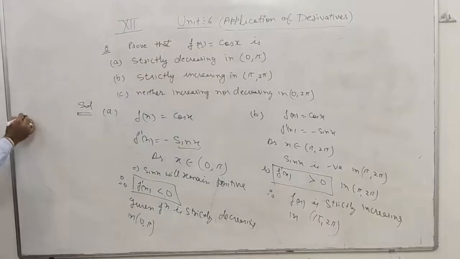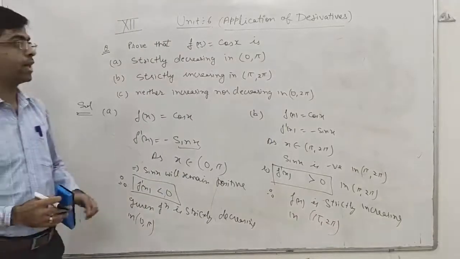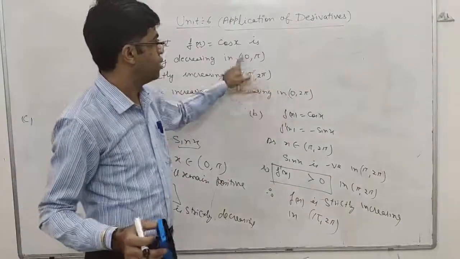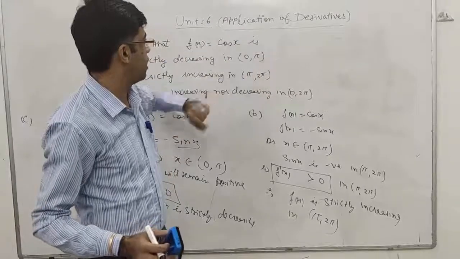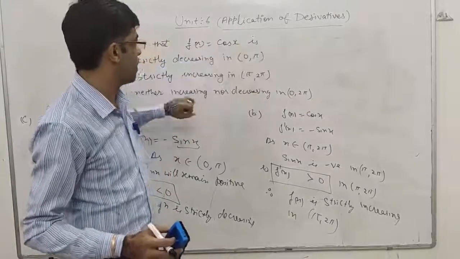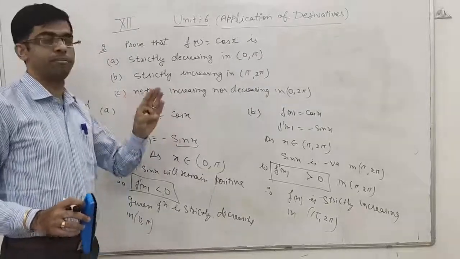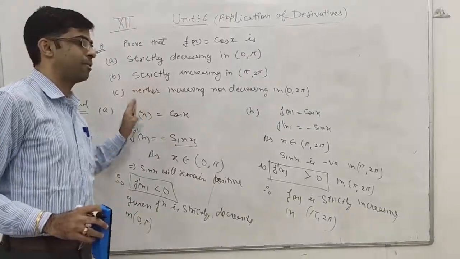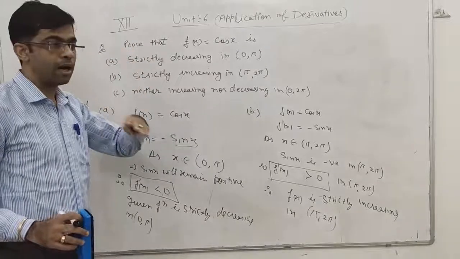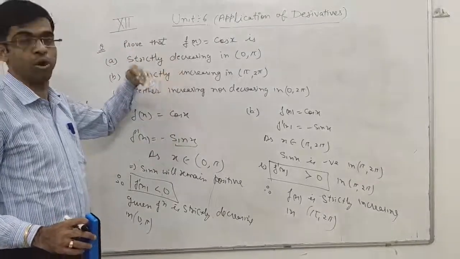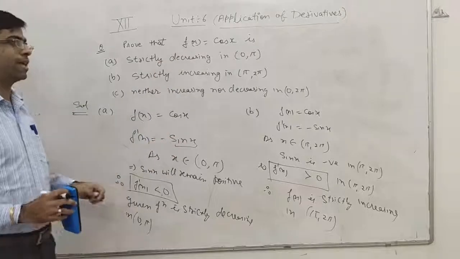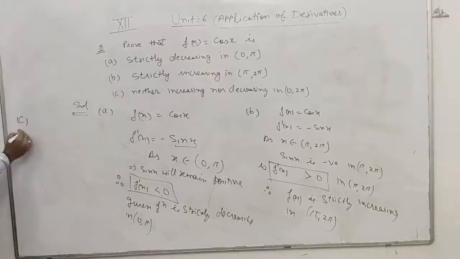Now the C part is, I have told already that एक particular interval में 0 से 2 pi में, 0 से pi में ये डिक्रीज भी कर रहा है और pi से 2 pi में it is increasing also. जब दोनों काम हो रहे हैं तो, पर्टिकुलर एक काम मैंने क्या कहा, किसी इंटरवल में या तो इंक्रीज करे या डिक्रीज करे, but here it is doing both. So this is neither increasing nor decreasing.